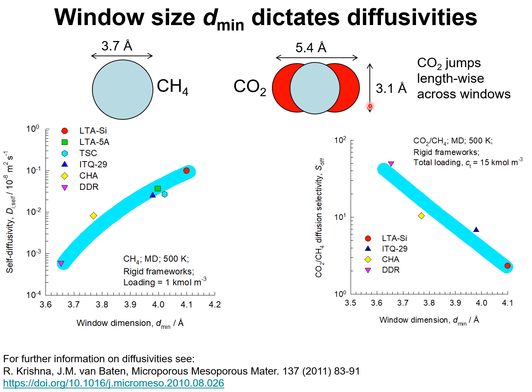So for pencil-like molecules, it is not relevant to use the kinetic diameter as some kind of a mean of this dimension and this dimension, but we have to use the cross-sectional dimension because CO2 jumps lengthwise across the windows.